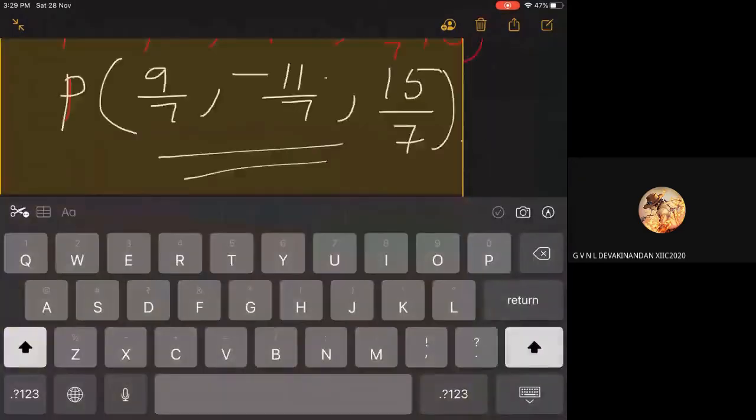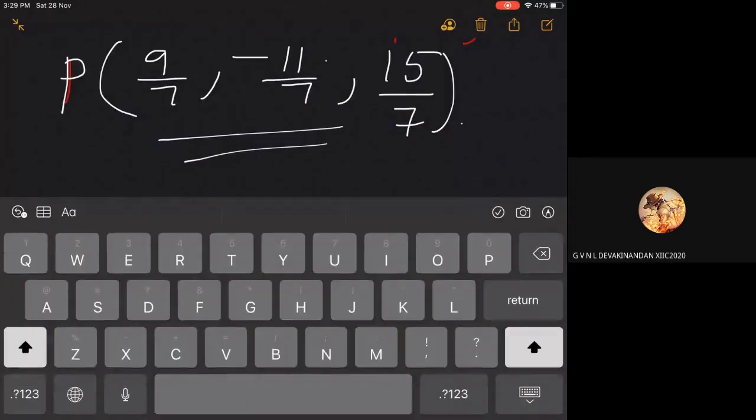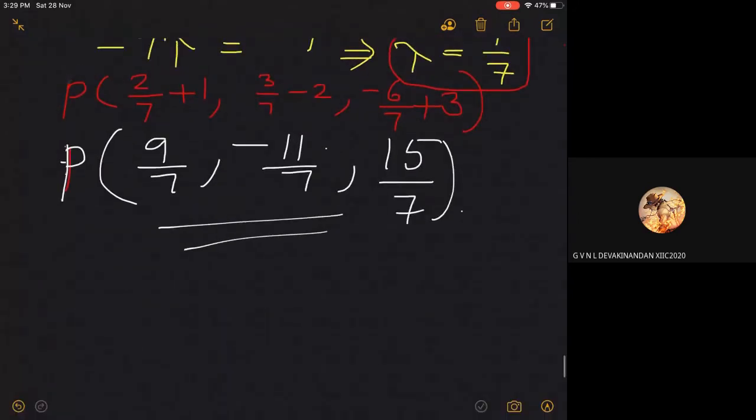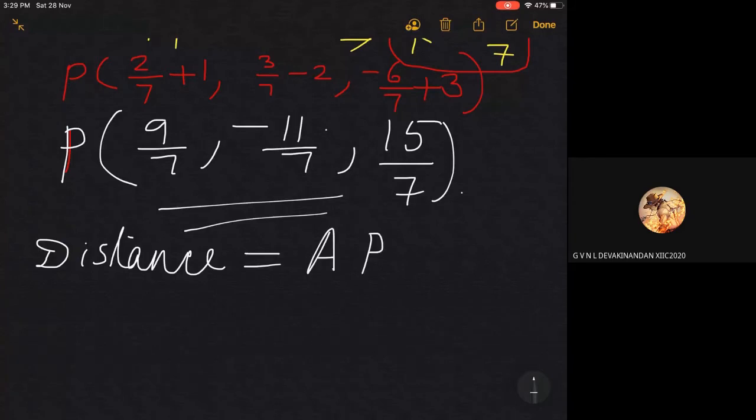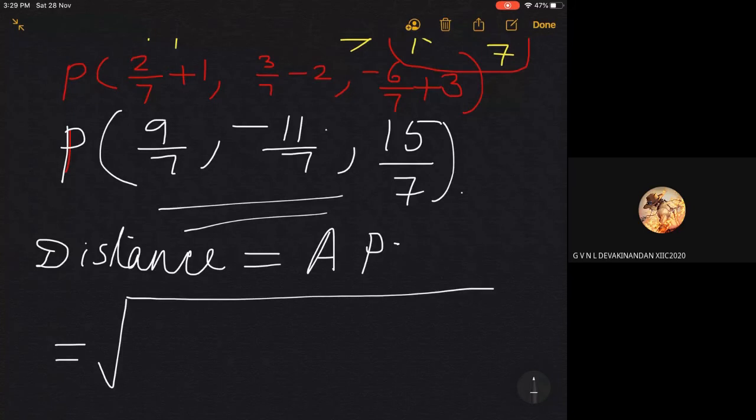Therefore, distance is equal to the distance between A and P. So you will apply the distance formula. The coordinates of A and the coordinates of P, when you apply the distance formula, you know A is 1, minus 2 and 3.